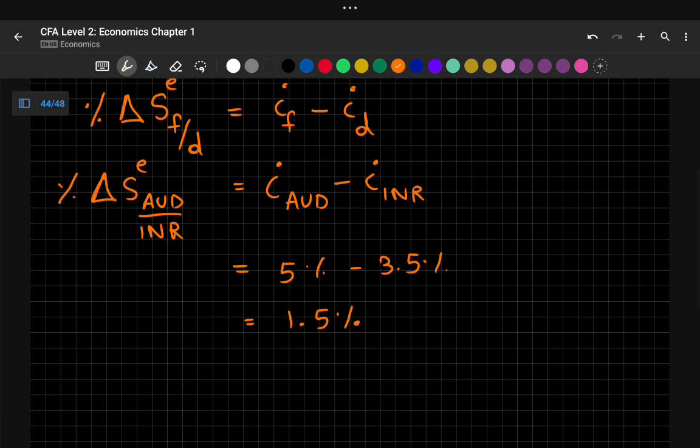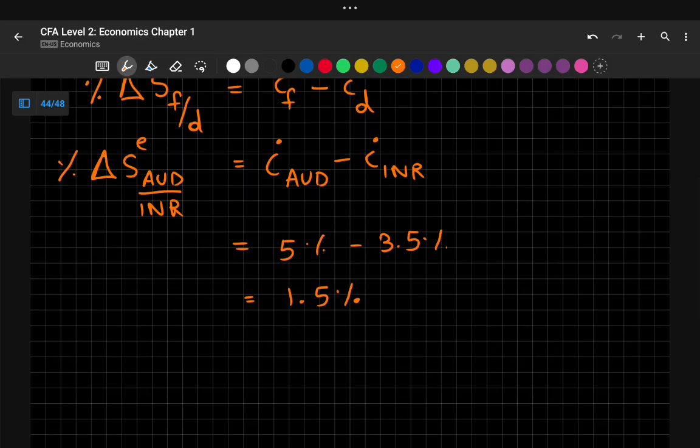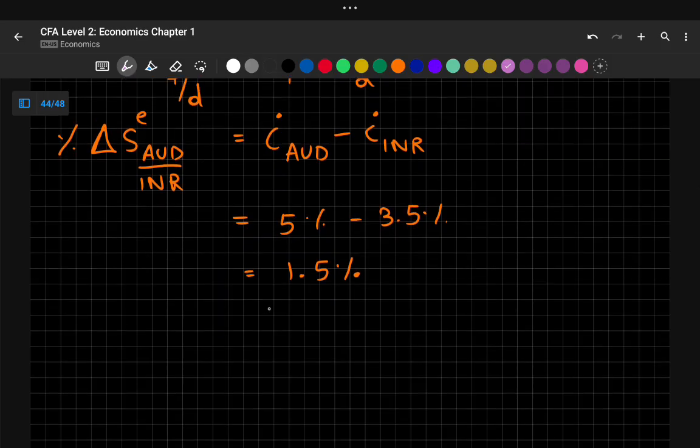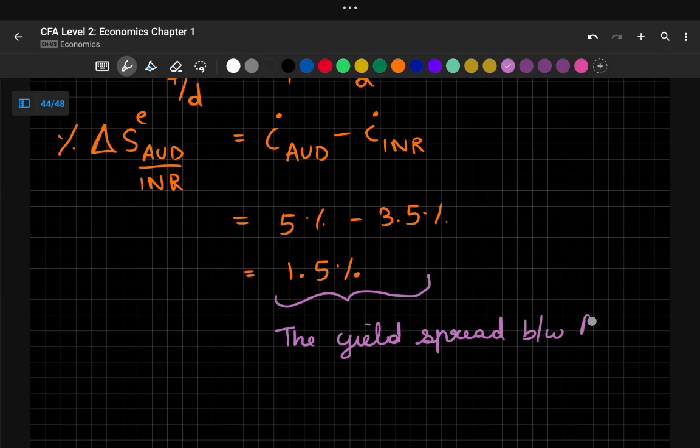Now, what do we derive from this? What do we understand from this equation? In simple terms, this means that the yield spread between AUD and INR is equal to 1.5%.